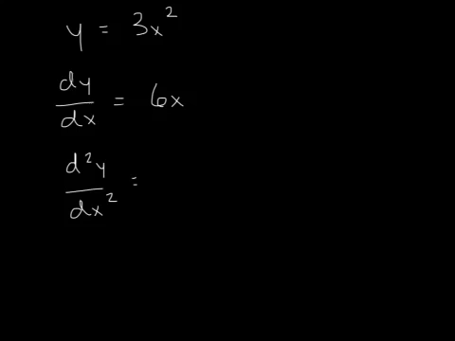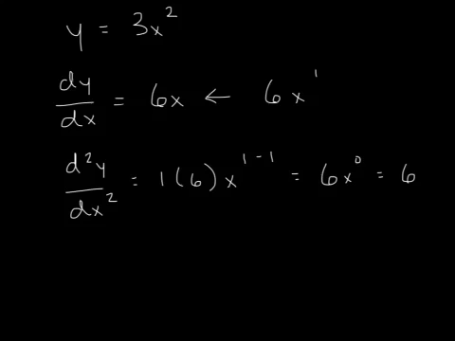So we can think of this 6x as being 6x to the first power. And so we're going to do 1 times 6 times x to the 1 minus 1. And so of course that would then be 6x to the 0. But anything to the 0 power is just 1, and so that value is 6.